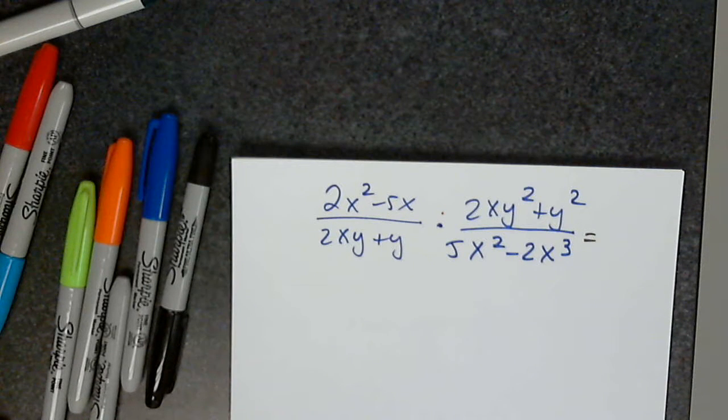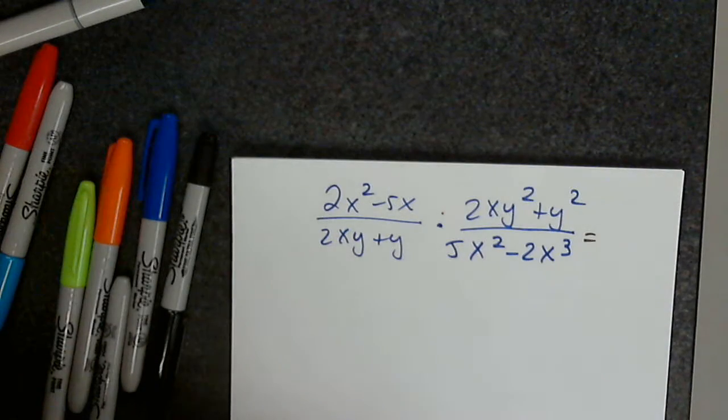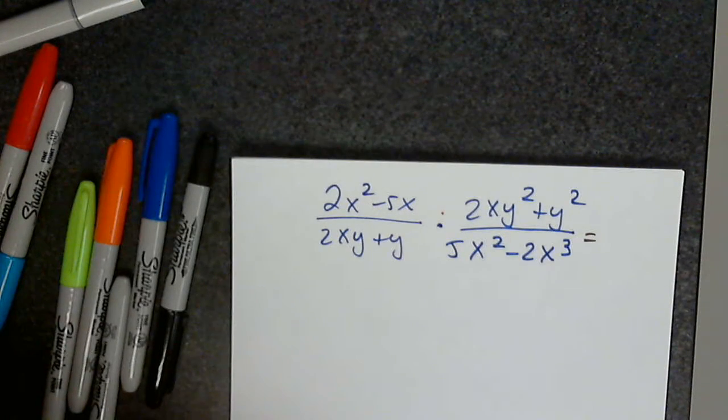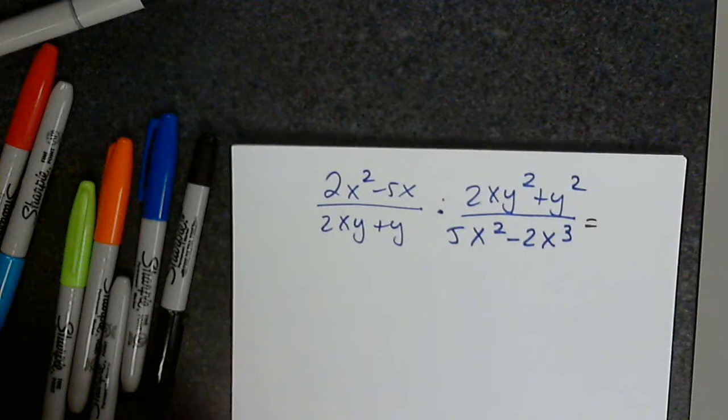You copied this incorrectly. It's negative in front of 2x cubed. And it has to be arranged in descending order no matter what. So let's work on this together.